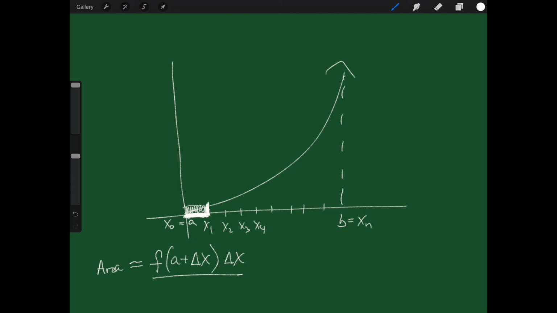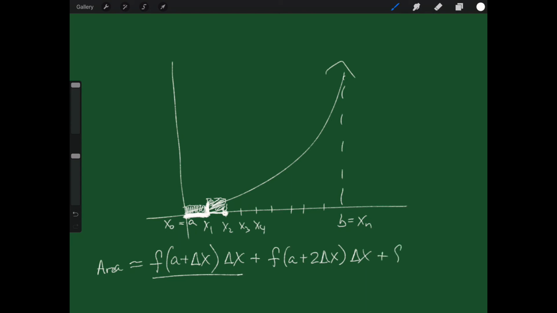What would be the area of the second rectangle? Well, it would be f of a plus 2 delta x's times delta x. Why? Because if I start at A and go over 2 delta x's, that lands me right here. I take the functional value to get my height, and then I take delta x, the width, multiply them together, and I get the area of the second rectangle. Plus, keep going.